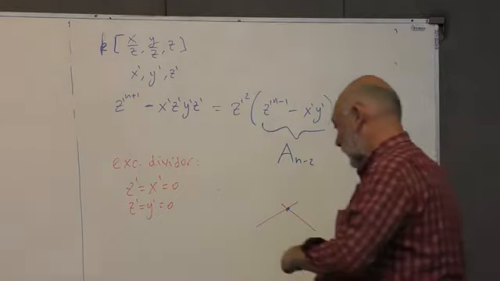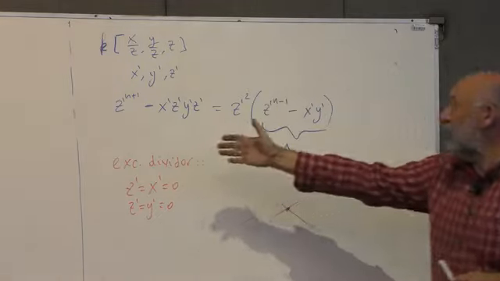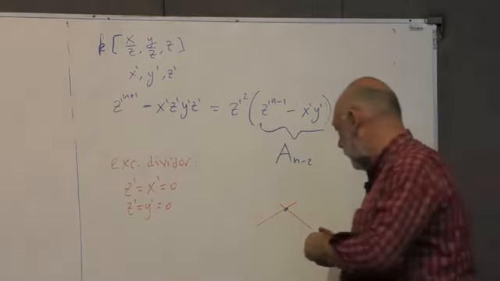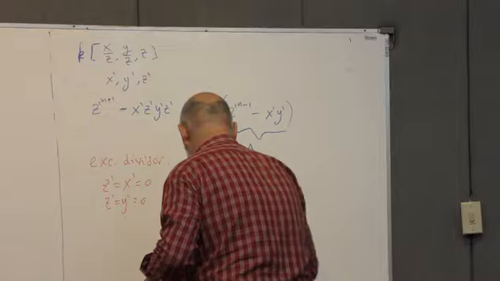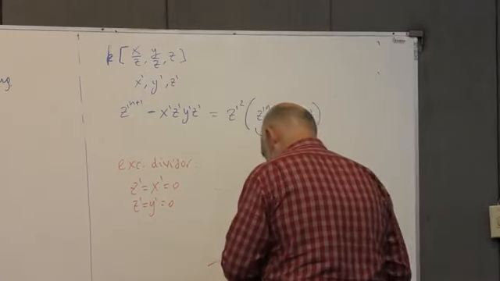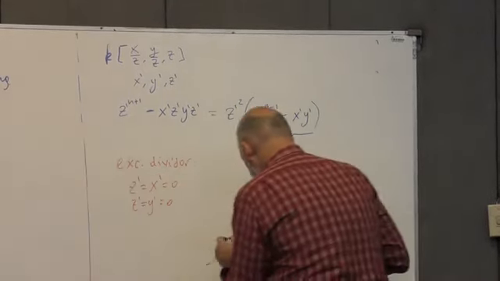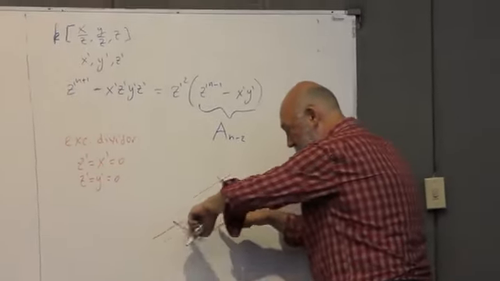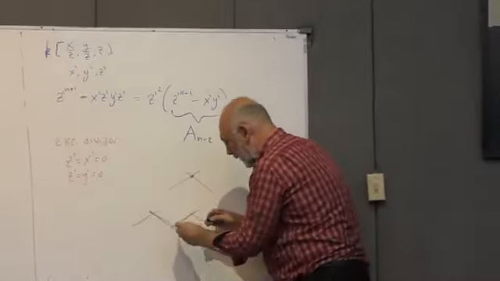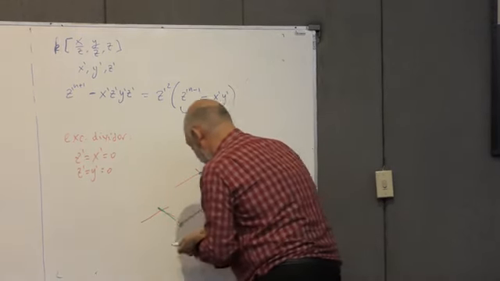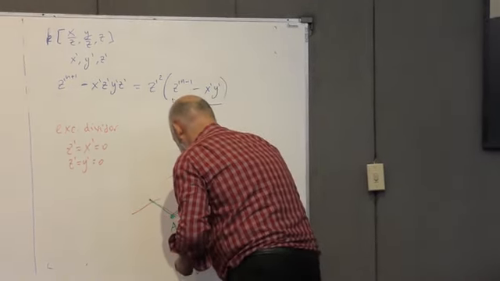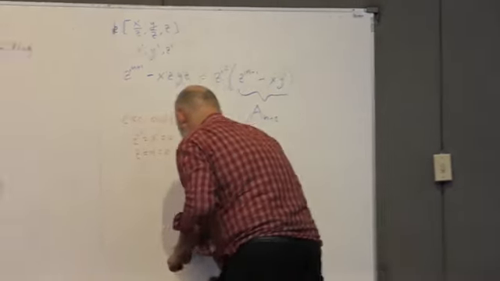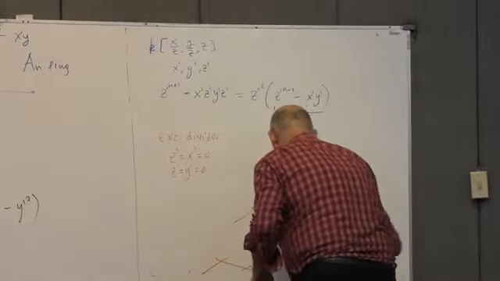Clearly after about n over 2 repetitions, we'll resolve the singularity. For example, the next iteration is going to look like this. These are strict transforms of the two old exceptional divisors, these are the two new ones, and the singularity here will be AN minus 4, and so on. So after a suitable number of iterations, we'll obtain a resolution of singularities.